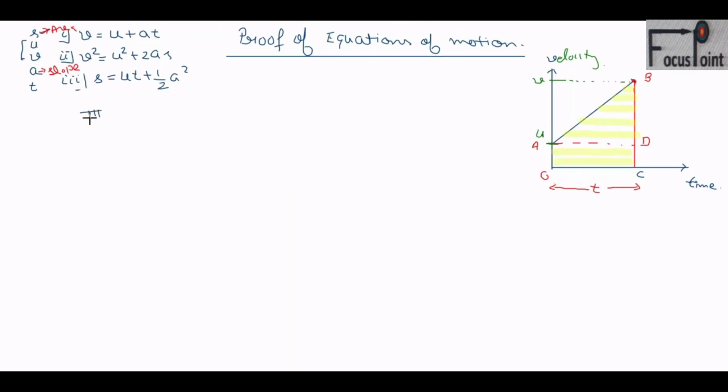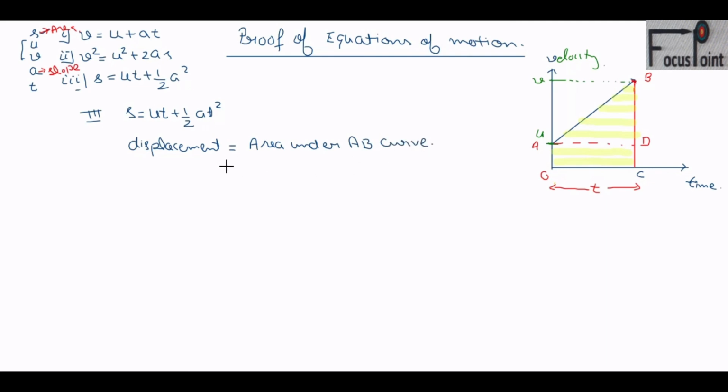Let's start the proof of the third equation now. S is equal to UT plus half A T square. Proving this equation from the displacement only. So displacement is equal to, as we have already written in the previous equation, the area under the AB curve.